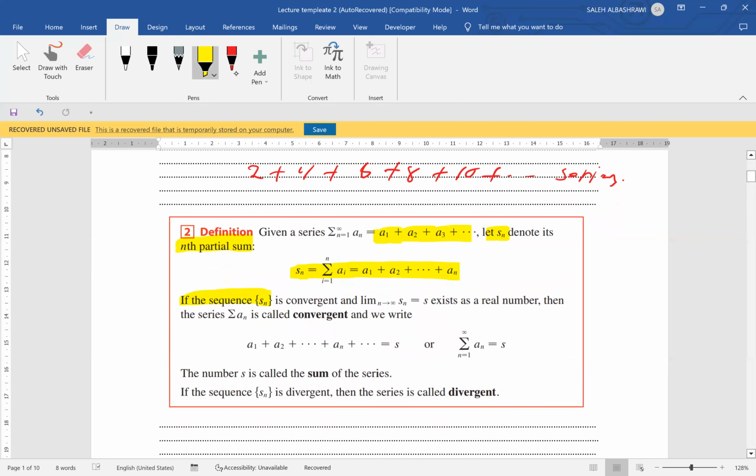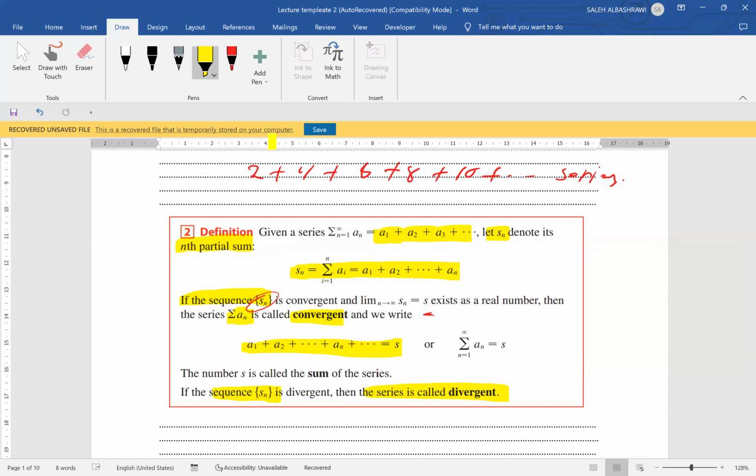If we find the limit for this sequence, the limit of Sn, if it is equal to some given number S, so if the limit exists as a real number, then the series sigma an is called a convergent series. And the sum of this series is equal to S. Now, if the sequence Sn is divergent, then the series is called a divergent series.